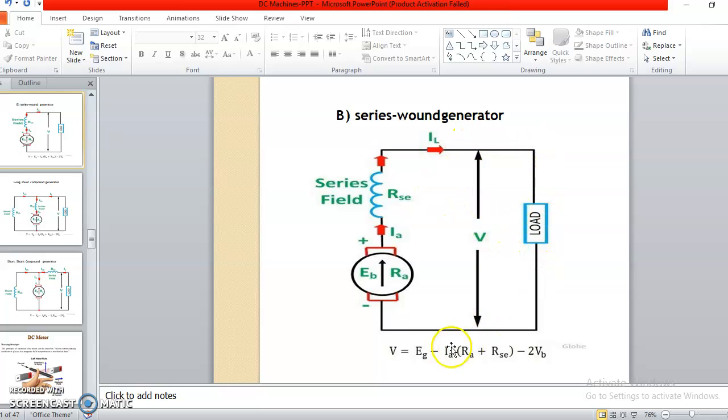So here the equation for the voltage changes somewhat, that is V is equal to EG minus IA inside the bracket RA plus RSE, because the resistance of the armature and the resistance of the series winding come in series. So whatever losses take place across the armature as well as the series winding, we have to consider over here. That's why the voltage equation changes, remaining all is the same.